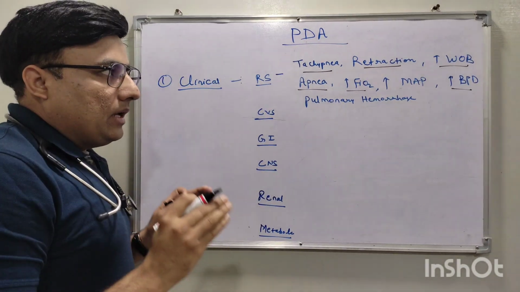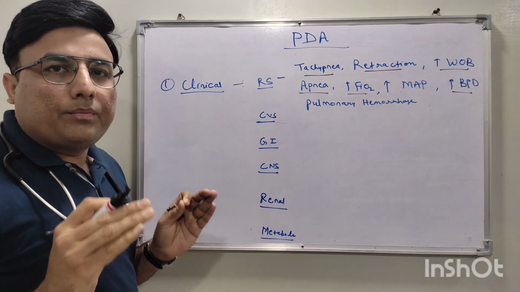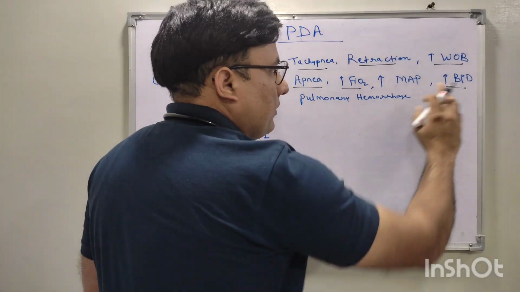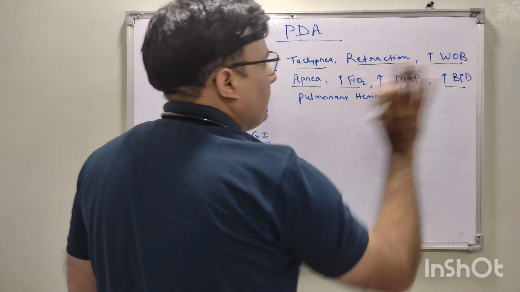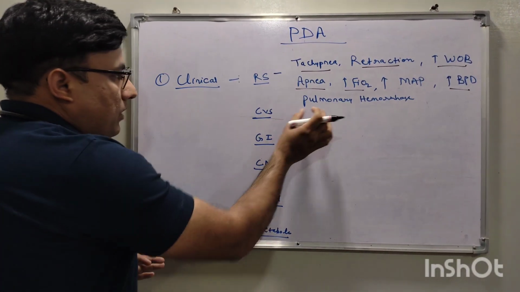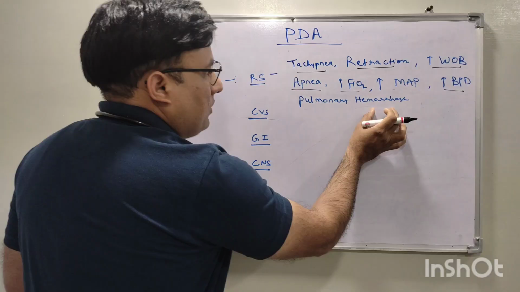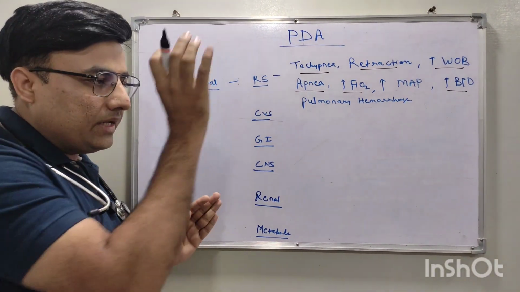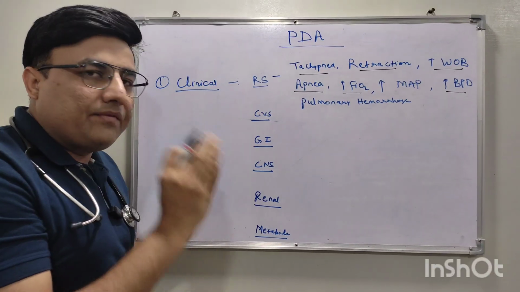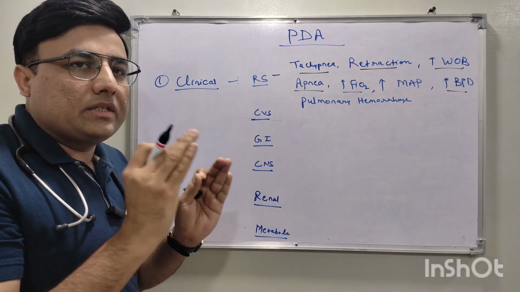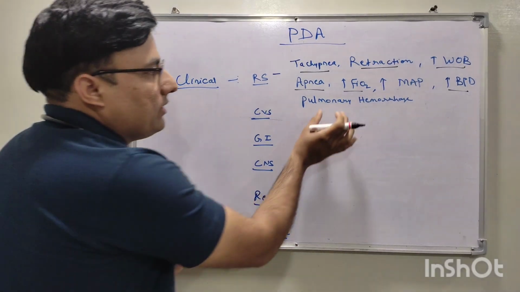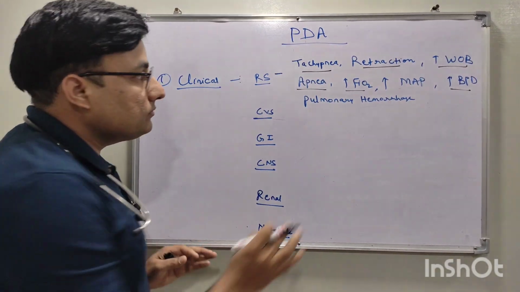PDA babies have a higher risk of development of bronchopulmonary dysplasia. One more serious complication is pulmonary hemorrhage. PDA will have a left to right shunt. Because of the left to right shunt, there will be increased blood flow into the lungs, pulmonary over circulation, that can cause pulmonary hemorrhage.